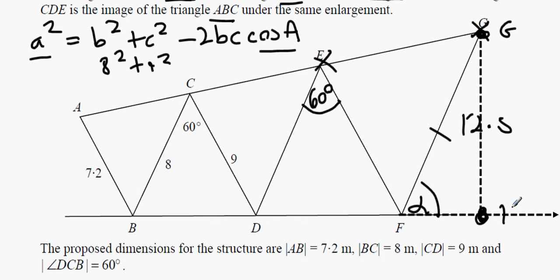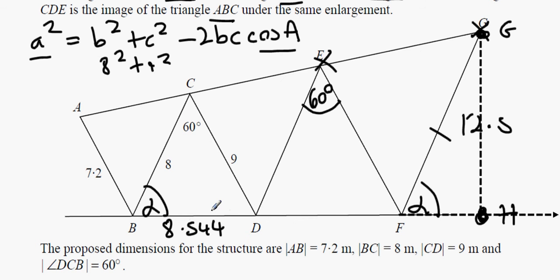Call this angle alpha, and alpha equals CBD. Angle alpha is the same as CBD, because look, they're the same angle. Now, because this is angle alpha, we can use the information we got from this triangle previously to find out what angle alpha is.